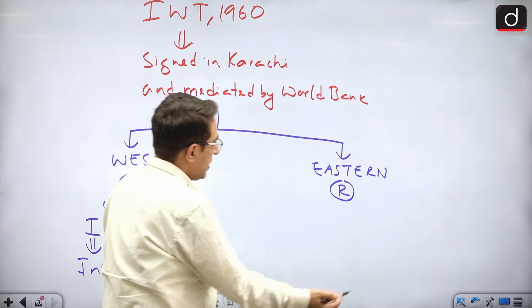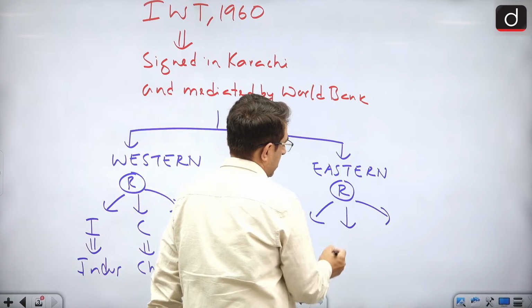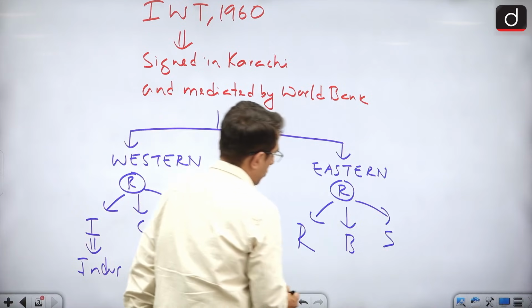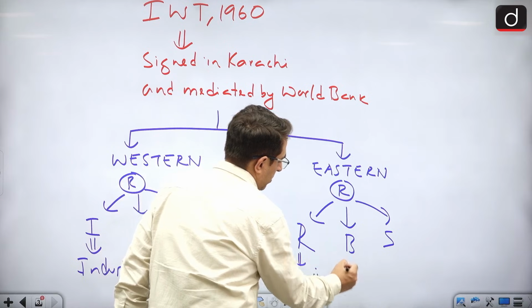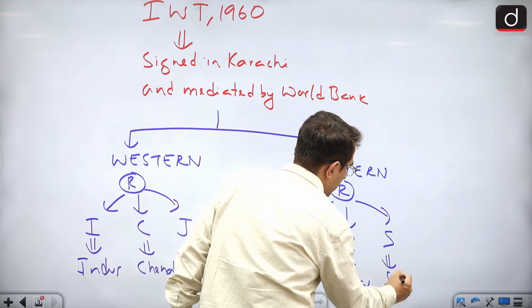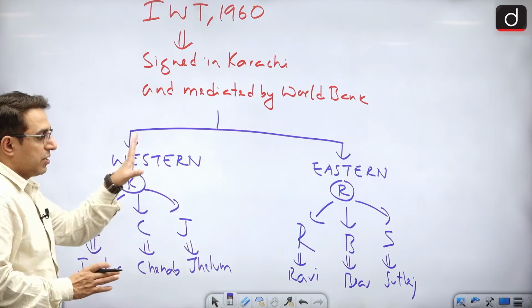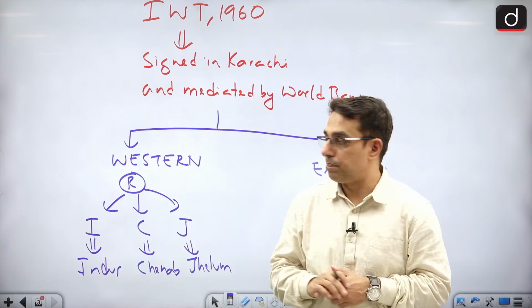Right? And the eastern rivers, this we can remember as RBS. So R is for Ravi, B is for Beas, and S is for Satluj. So this way the rivers have been divided among India and Pakistan.